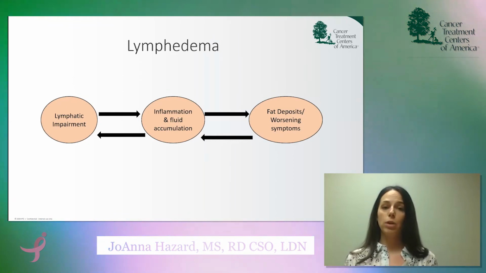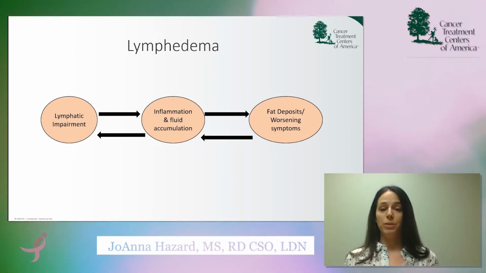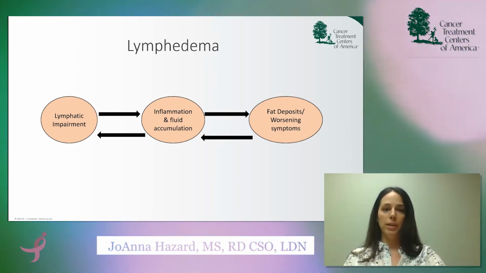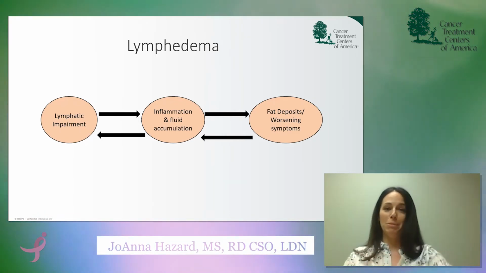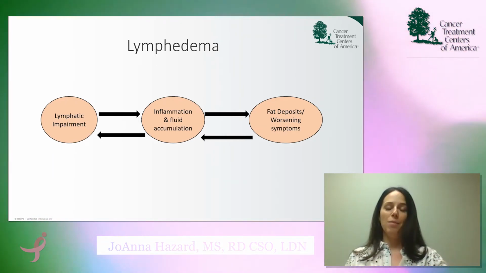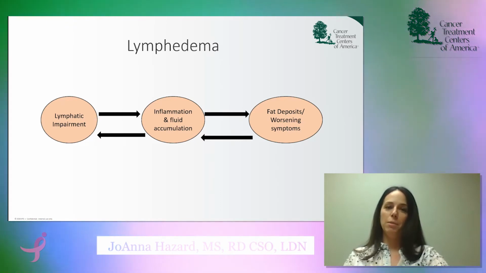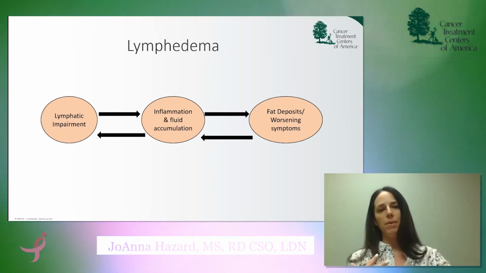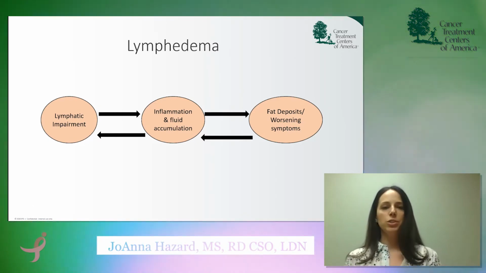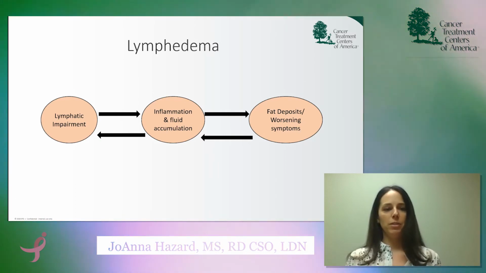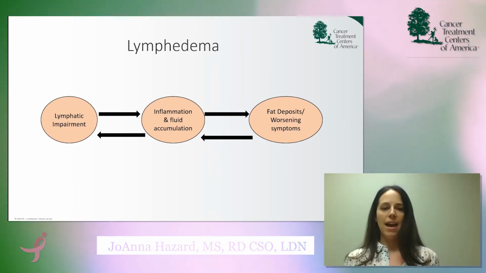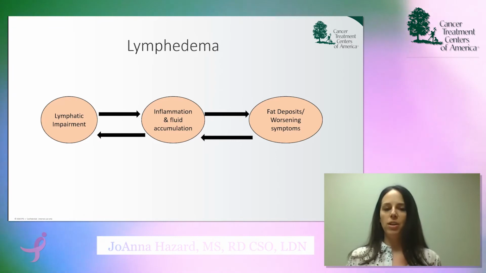So when you have that disruption, sometimes what you get is an accumulation of that fluid in a limb, and I'm holding my arm because that's one of the most common areas. You'll have that fluid accumulation in the limb because the fluid just can't get back up and circulate through your body.